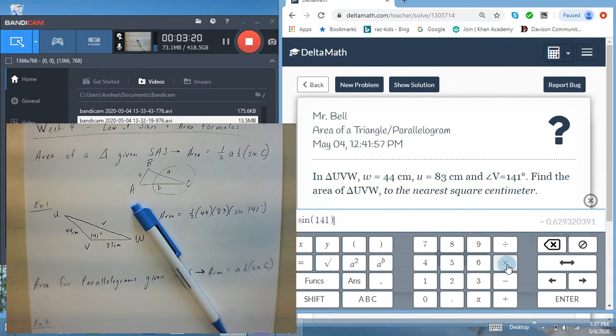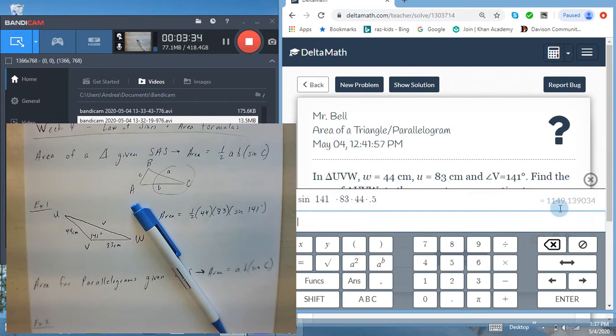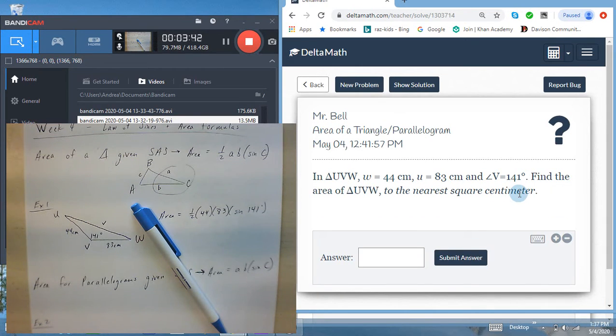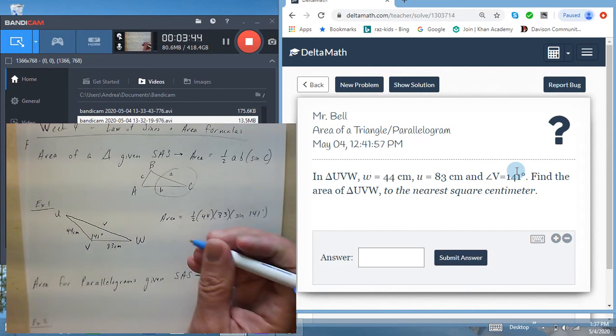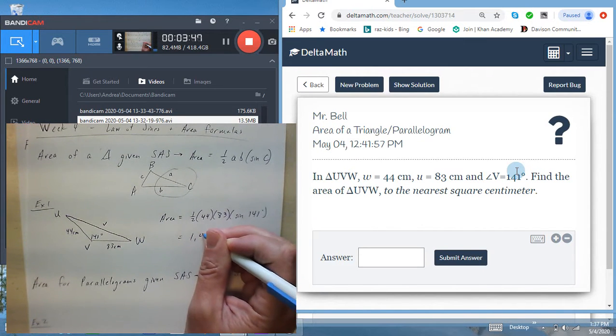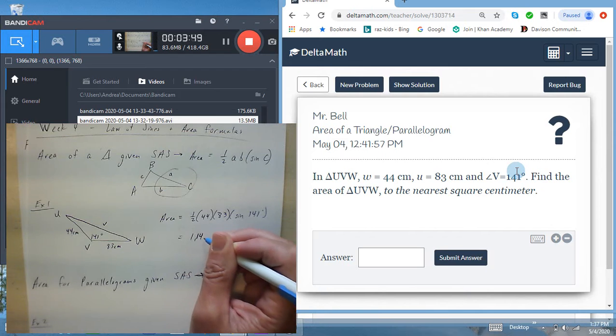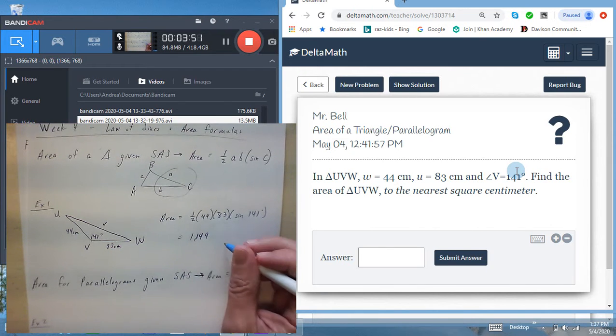Now I need to multiply that by the 83, and then by the other side, 44, and then times 1/2, or just times 0.5. And then hit enter. And then off to the right, you can see that number. It's really light, but it says 1149. And I believe they say round it to the nearest square centimeter. So the answer is 1,149 centimeters squared.